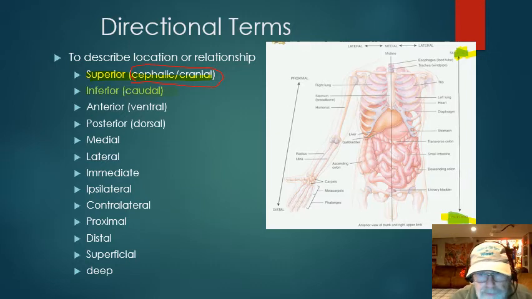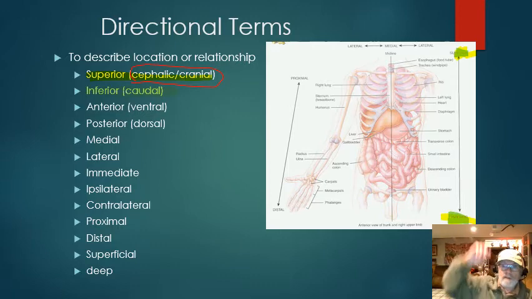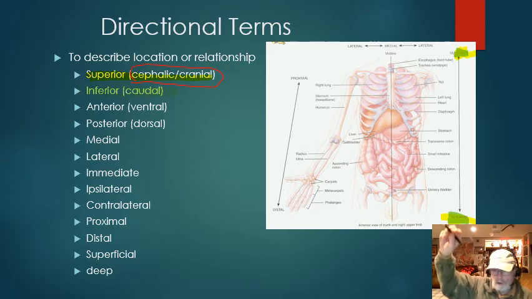Typical example: I could say my head is superior to my neck, which it is, okay? But I could also say that my knee is superior to my ankle because it's closer to the top of the body. It's higher. So if something is higher, it's called superior or cephalic or cranial. If something is closer to the bottom of the body, it's called inferior or caudal.